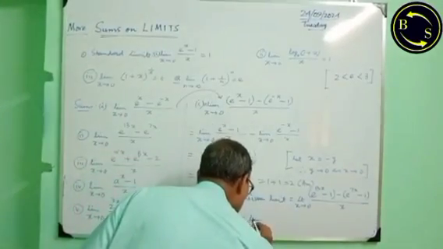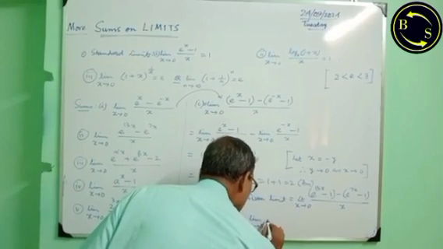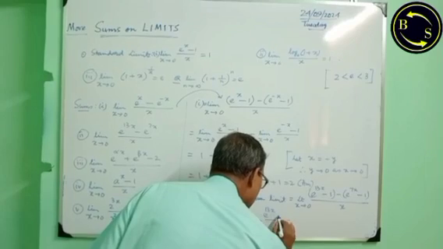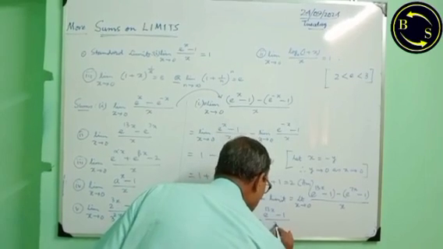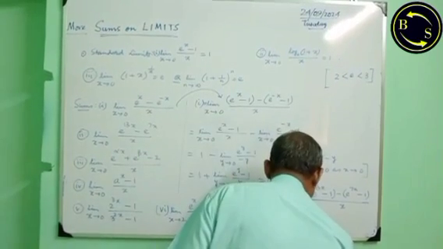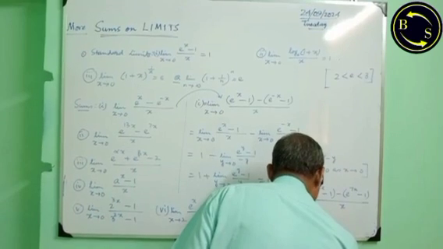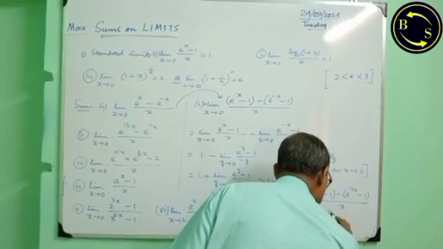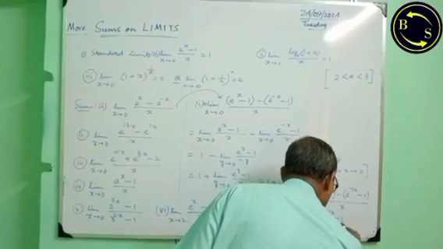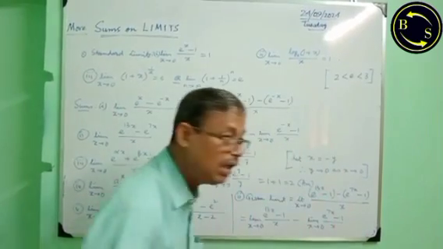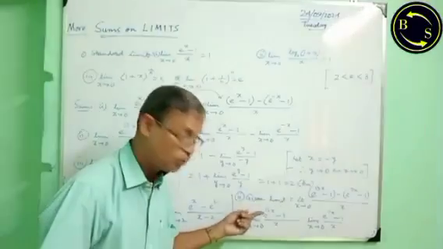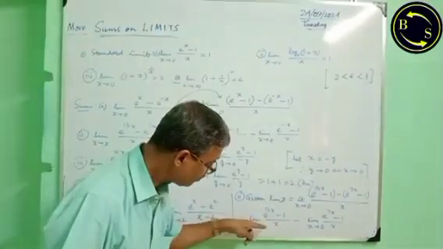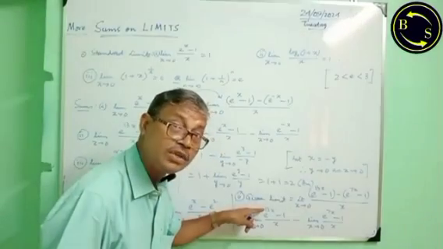Limit x tends to 0 e to the power 13x minus 1 by x minus limit e to the power 7x minus 1 by x. Now I note e to the power 13x minus 1 is there. Therefore, we have to change the variable.